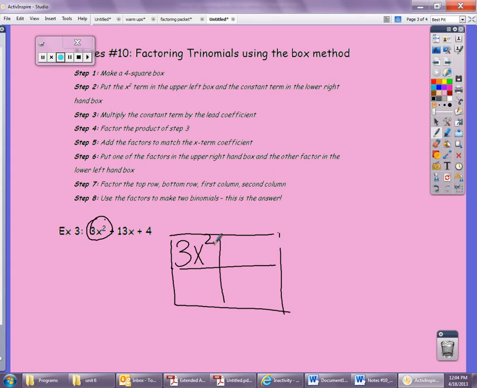And you put the constant term in the lower right. Then we multiply the constant terms, 3 times 4. So we're just multiplying the numbers. 3 times 4, 12.